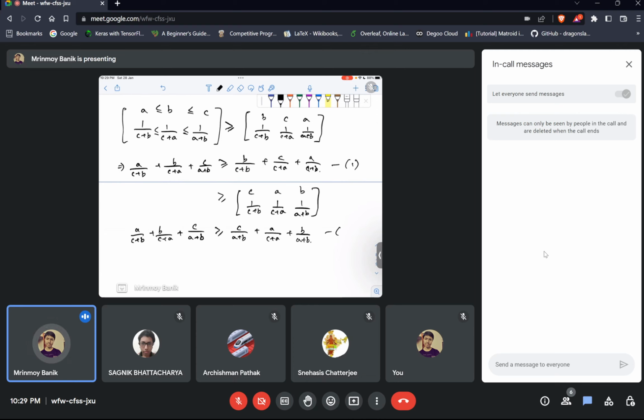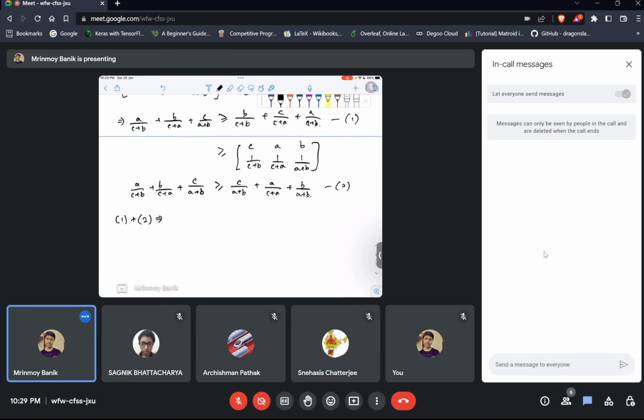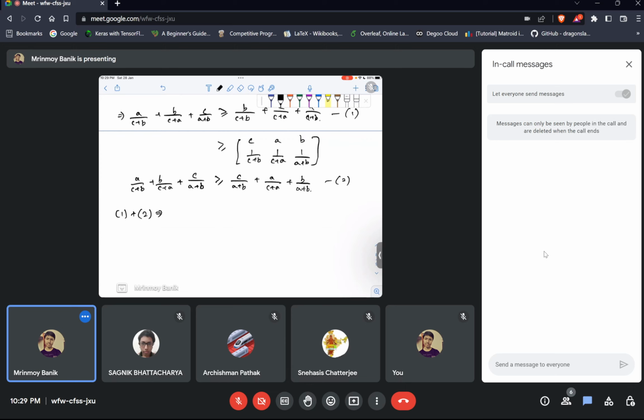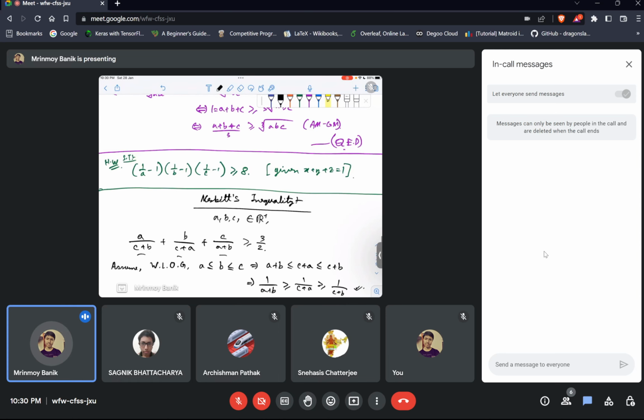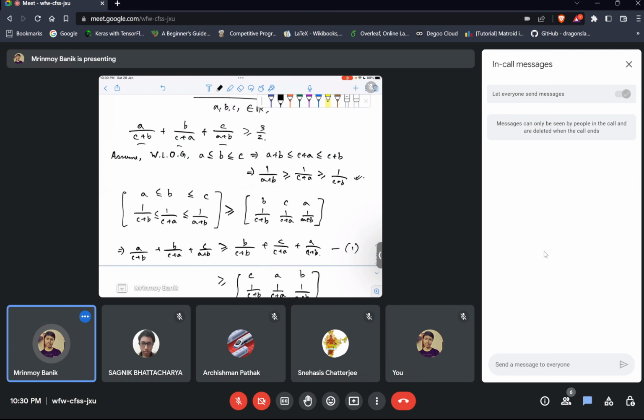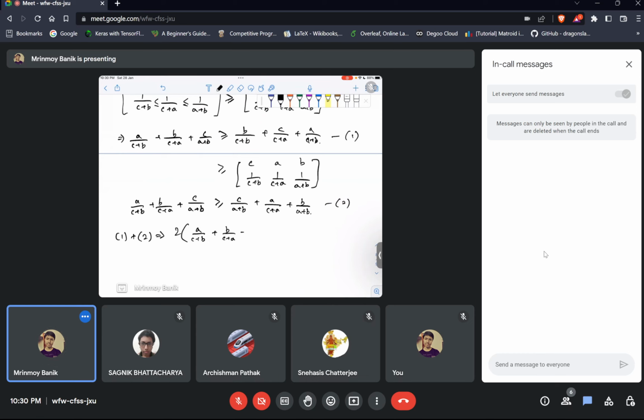So we got 1 and 2. We add them up. That implies twice the left-hand side. Remember, we needed a 2 in the denominator, so we are multiplying. You can think of it as a multiplication by 2 on both sides.